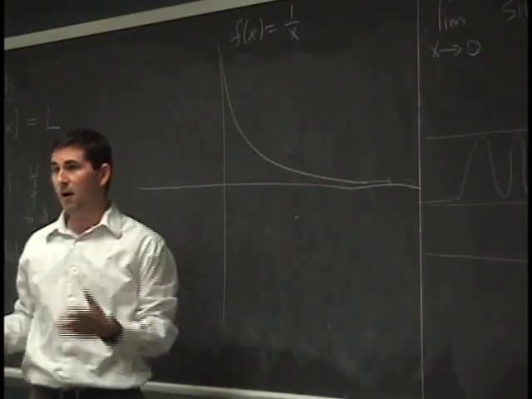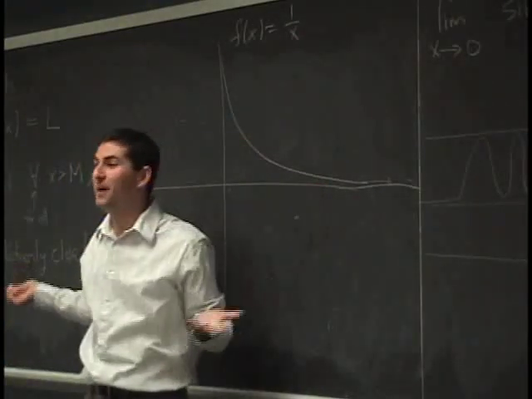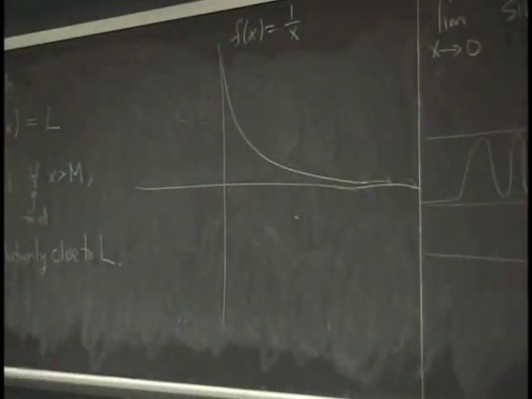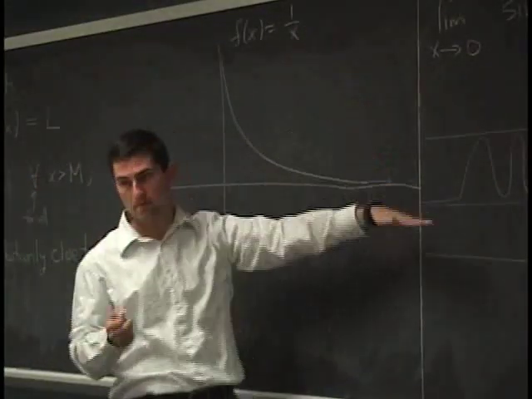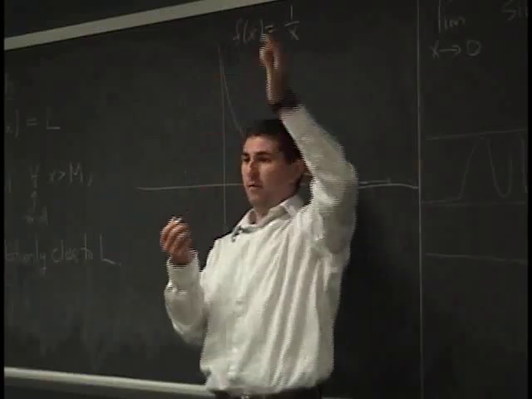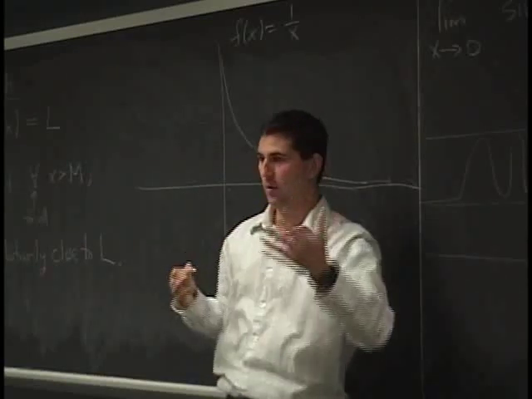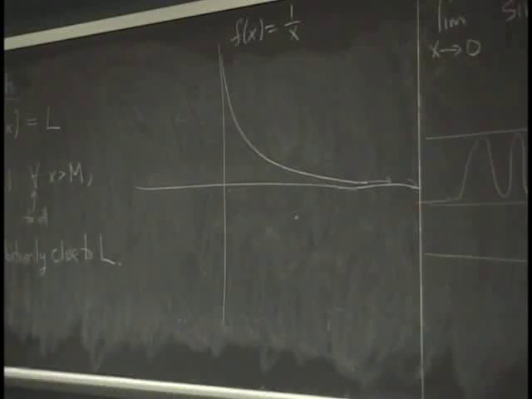How close does it get to 0? As close as you want to get it. That's what I mean by arbitrarily close. Does it ever, at some point, pop up and down and then go back? No, it doesn't get away from it. It just always keeps getting closer, and it never gets any further away. So that's what I mean by arbitrarily close to L. It gets close and it doesn't jump away.